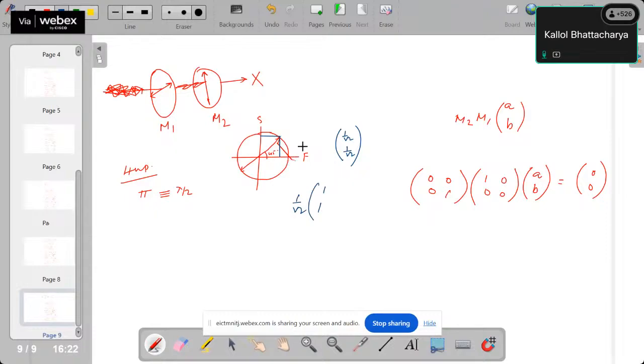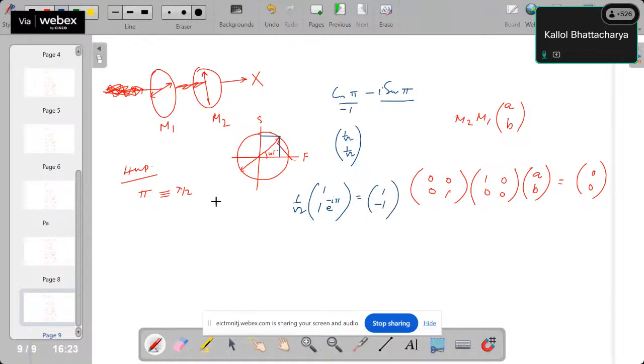When they finally come out of the half wave plate, the y component lags by an amount of pi because it's a half wave plate, so you can write it as e to the power minus i pi. Well, what is e to the power minus i pi? Cos of pi minus i sine of pi, which is minus 1. So we are left with 1, minus 1.